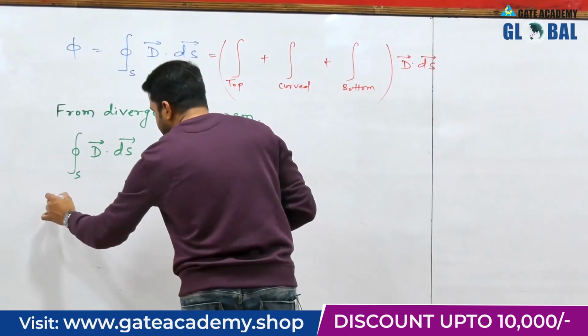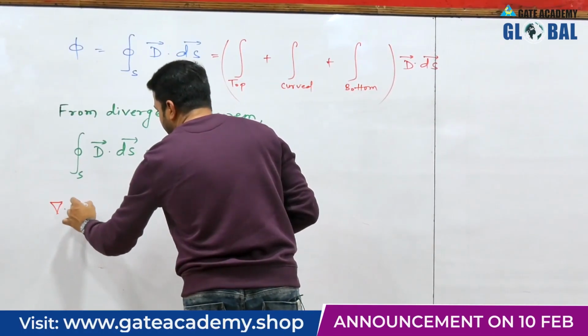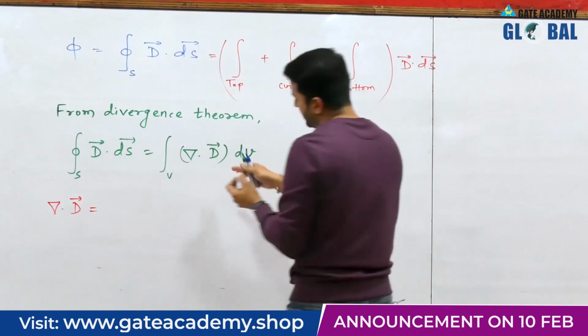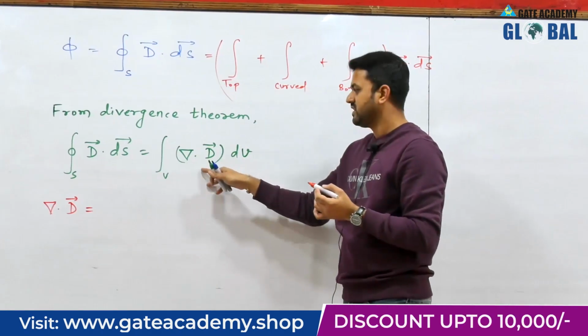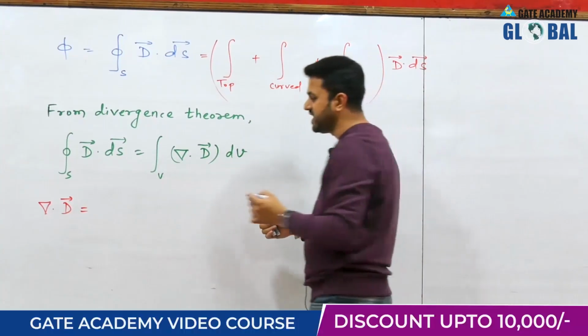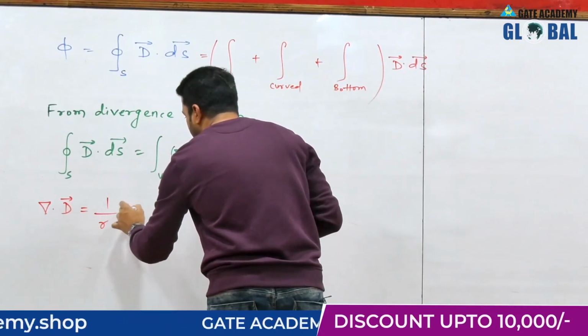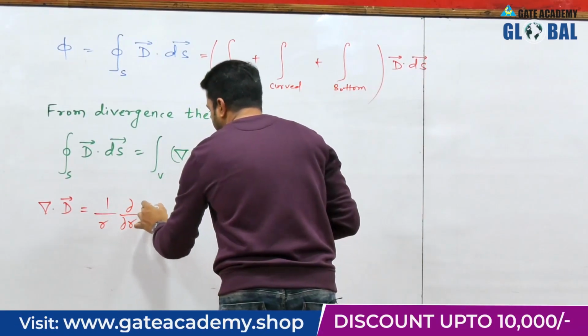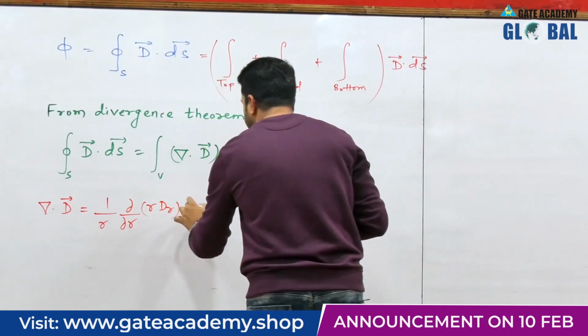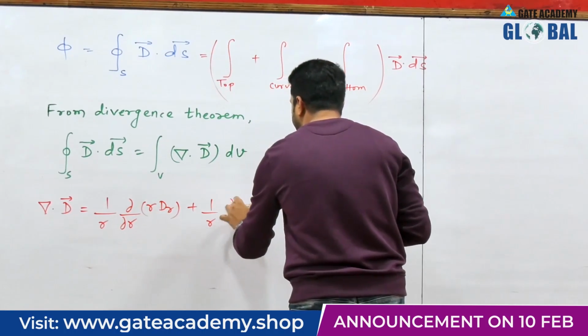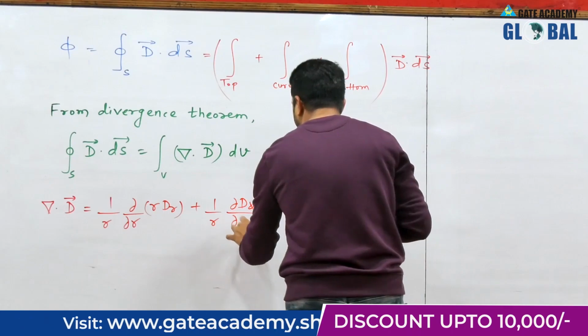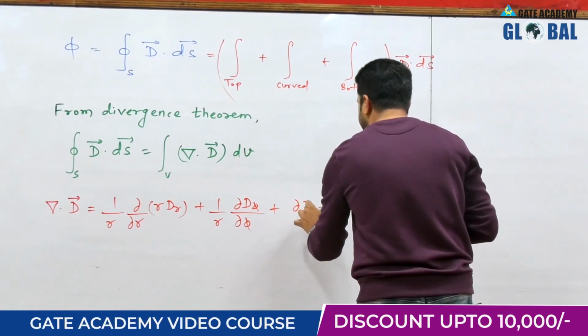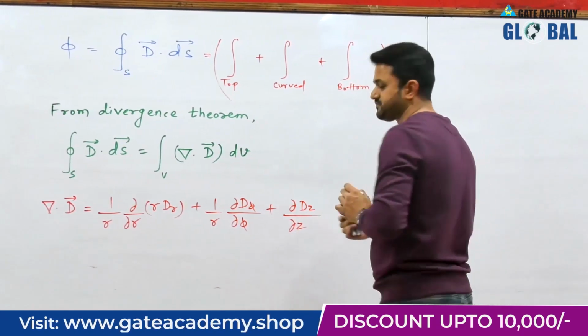So this is the divergence of D. Let's find it by the first method. The divergence of D is 1 upon r del by del r of (r times D_r), plus 1 upon r del D_phi by del phi, plus del D_z by del z.